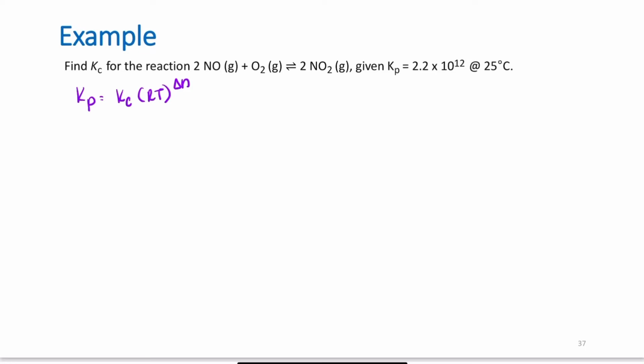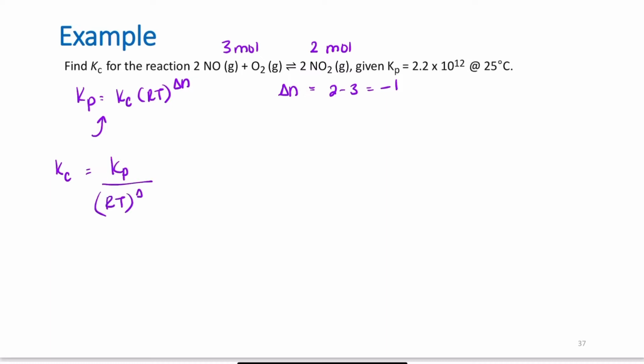In this reaction, I have 3 mole of gas and 2 mole of gas. So change in n, 2 minus 3 gives me a -1. I'm going to rearrange this equation to solve for Kc. I find Kc is equal to Kp over RT raised to the change in n.